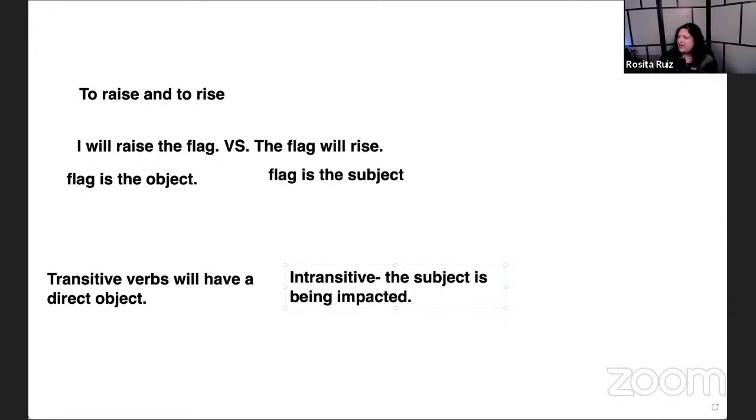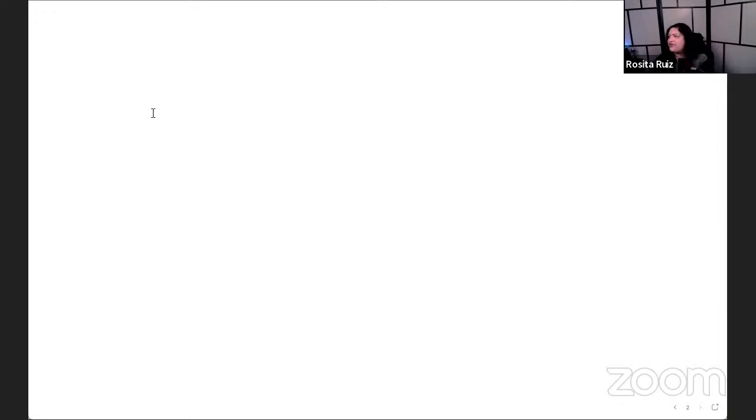So, another example of a transitive and intransitive pair is to lay and to lie.